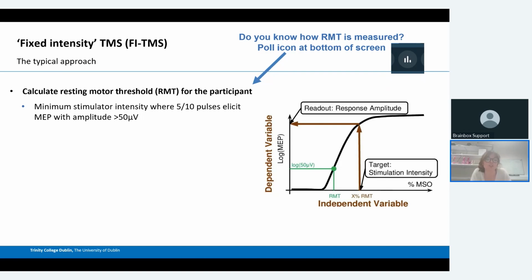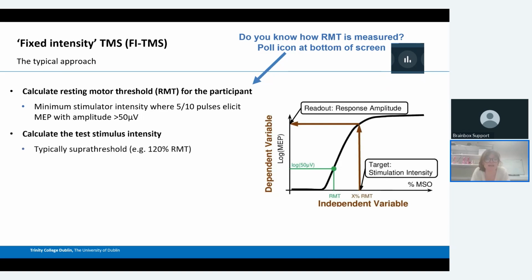So in short, it's the stimulation intensity at which we expect to get a median response of 50 microvolts peak to peak amplitude in our MEP. That allows us to standardize across different people and determine the minimum effective stimulation intensity in that person to engage a muscle response.